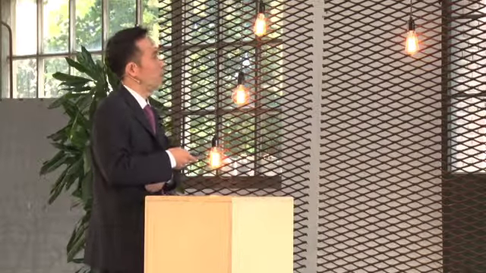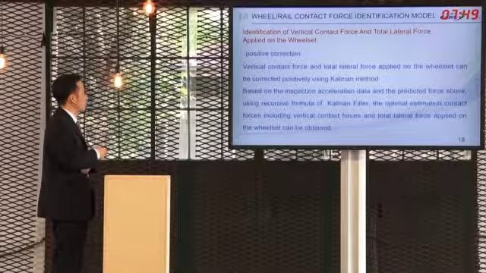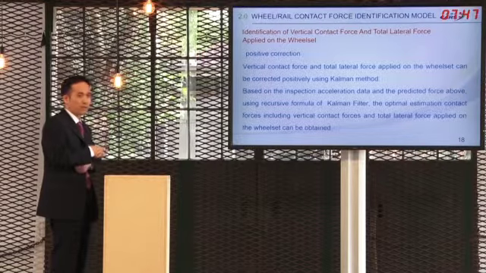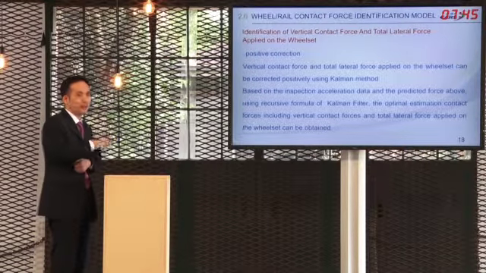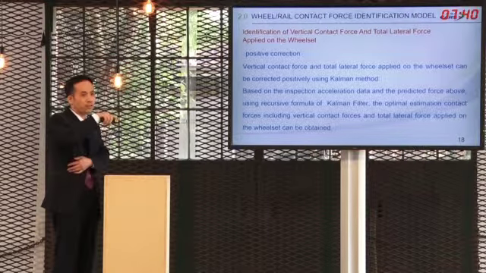The vertical contact force and the total force applied on the wheel set can be corrected using the Kalman method. This means first we do the correction, because during the identification, the contact force may fluctuate.